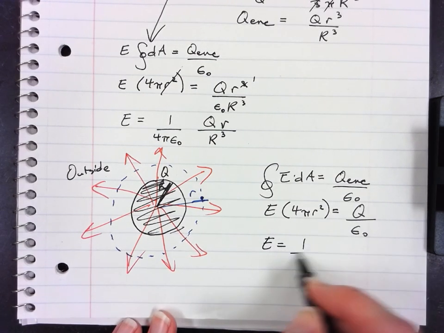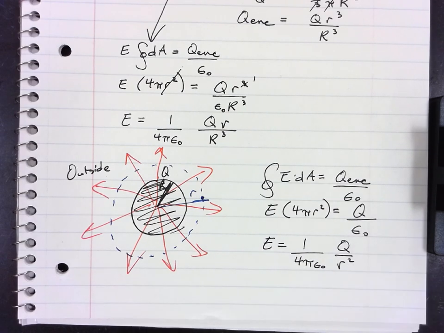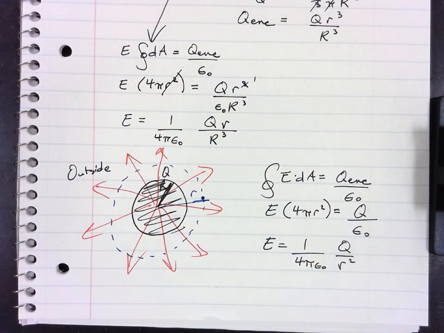So we get 1 over 4 pi epsilon naught Q over r squared, which is exactly the same thing as we got for a hollow sphere, which is exactly the same thing we got from a point charge. So if you have a charge, you know it's located there, but if you're outside of it, you don't know from measuring the electric field whether it's a hollow or solid sphere.